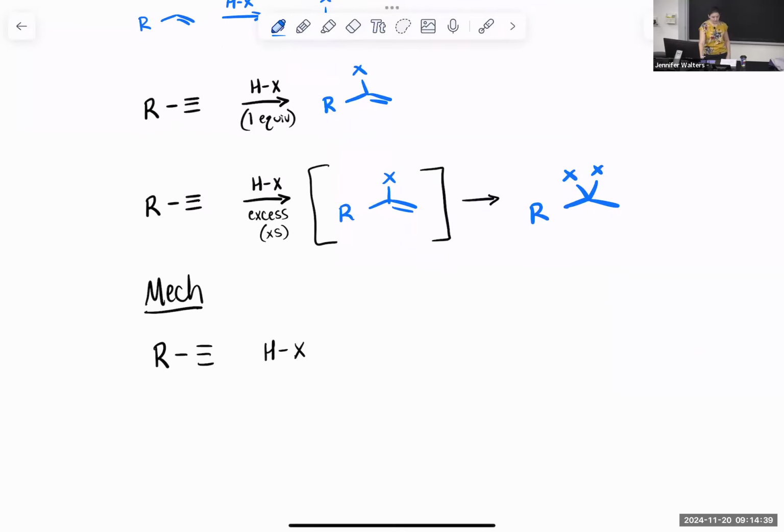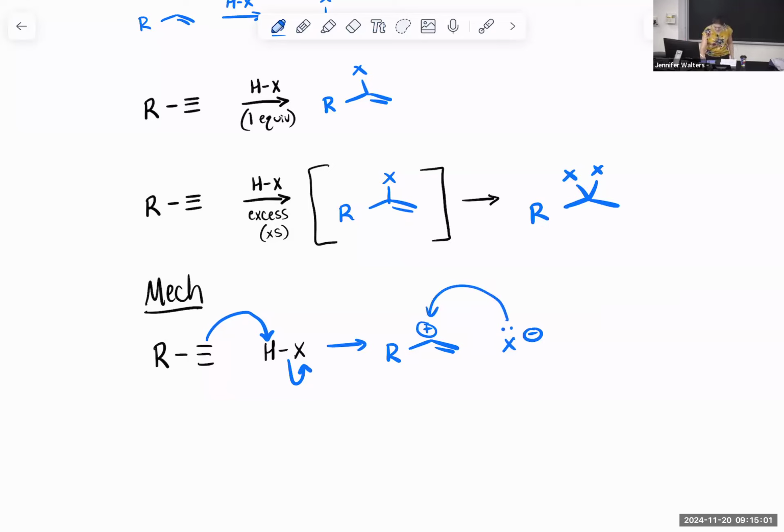My mechanism is the same as my carbocation mechanism. The pi bond attacks the hydrogen, kicks out the halogen. We make a carbocation. Yes, it is not stable, but it is still going to be formed for a very short period of time. Very rapidly, that halogen then attacks that carbocation to give us this product.